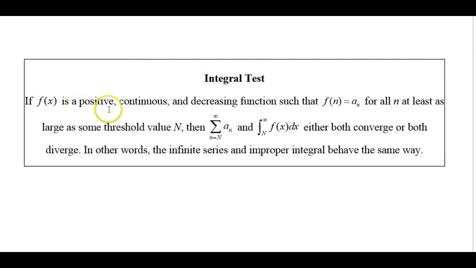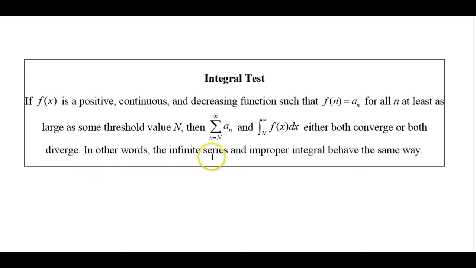If f of x is a positive, continuous, and decreasing function, such that f of n is the same as a sub n, for all n values at least as large as some threshold value big N, then the infinite series, the sum from big N to infinity of a sub n, and the integral from big N to infinity of f of x, either both converge or both diverge.